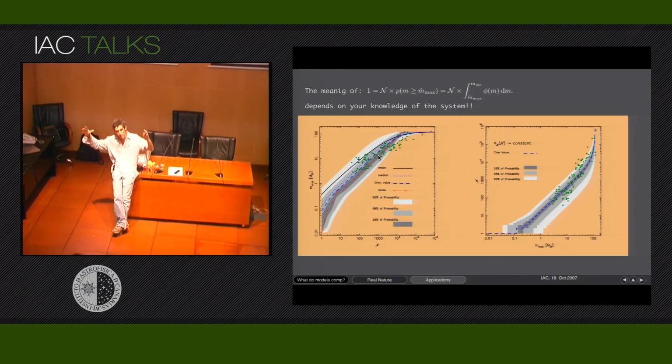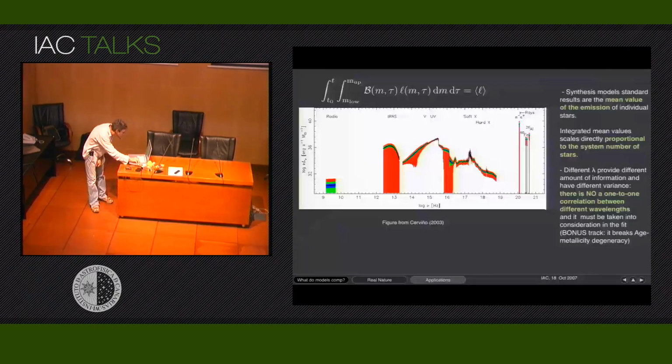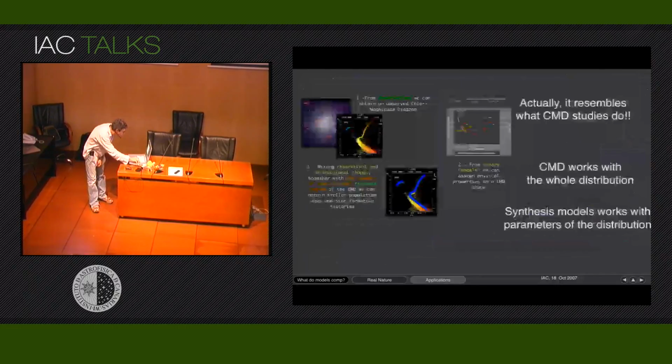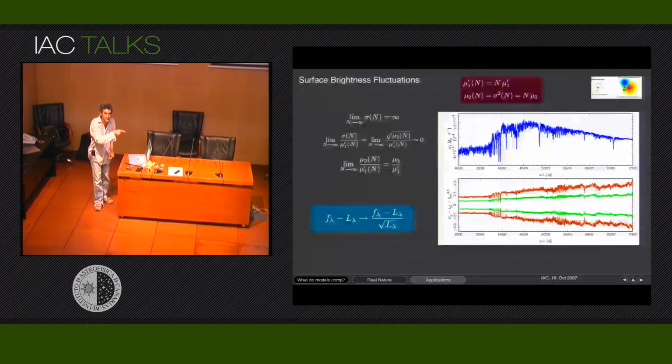If you have a very large number of stars, you still have a distribution, and this distribution is Gaussian. Even with an infinite number of stars, you have a Gaussian distribution. And the variance, the metric of fitting, the thing I showed you with the surface brightness fluctuation, is independent of the number of stars.